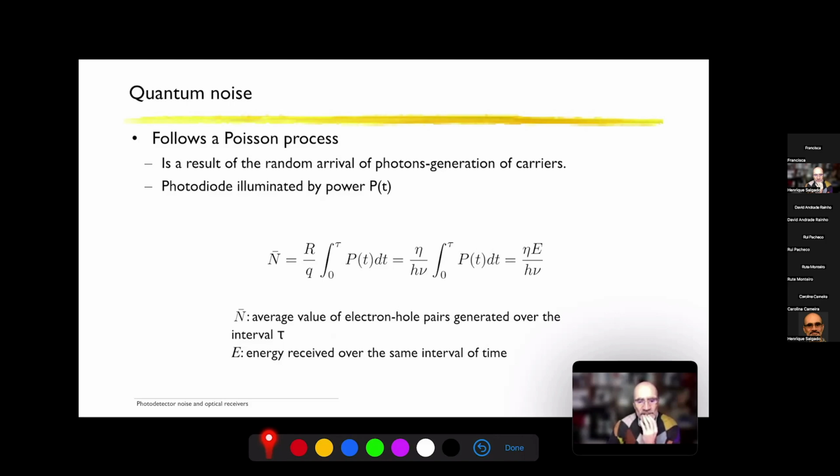If we substitute the equation we obtained previously for responsivity, we obtain the following result, where this quantity E corresponds to energy received over a certain interval of time, in this case, interval of time tau.